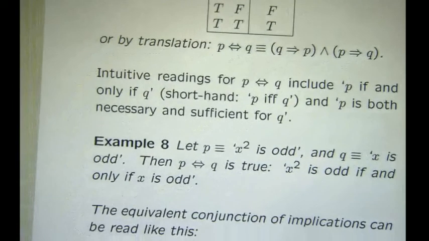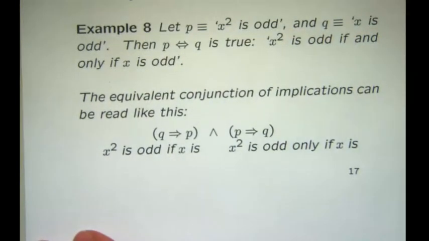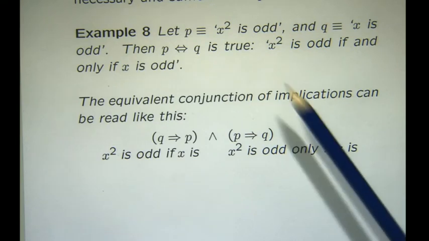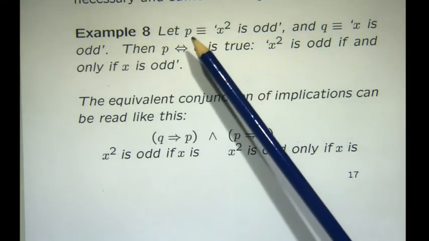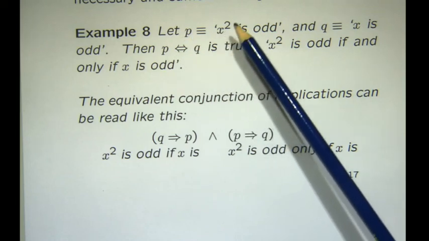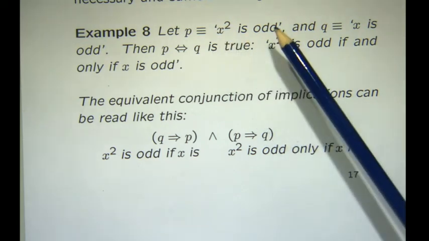A very small example as we draw towards a close. This is our last example, then we'll summarize and finish. So here's a little example of two things that are locked together in this way logically. P is the assertion, we're introducing numbers just for a change, suppose we've got a number x here. X squared is odd.